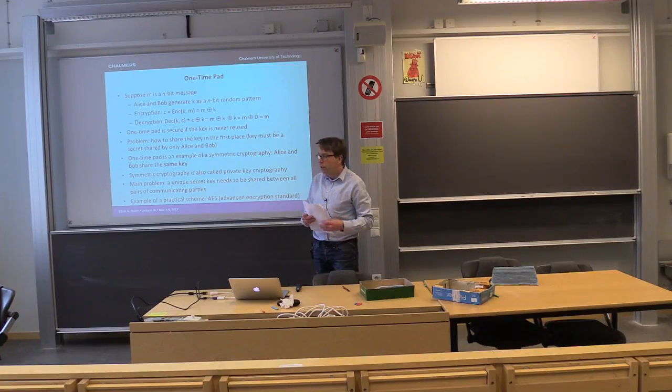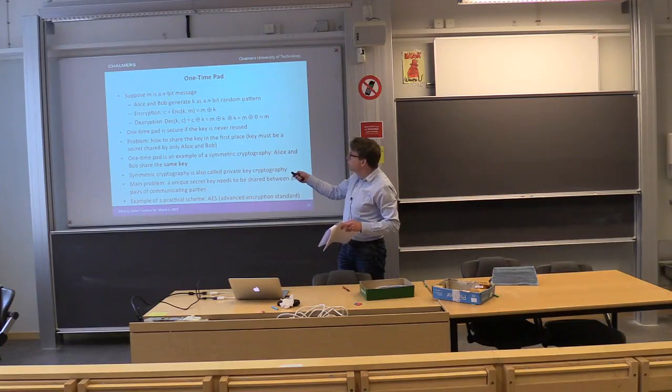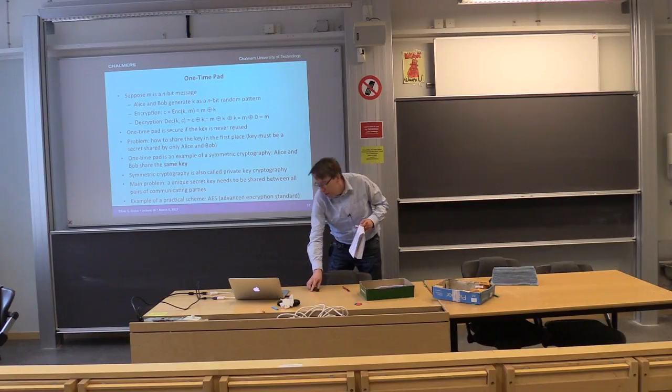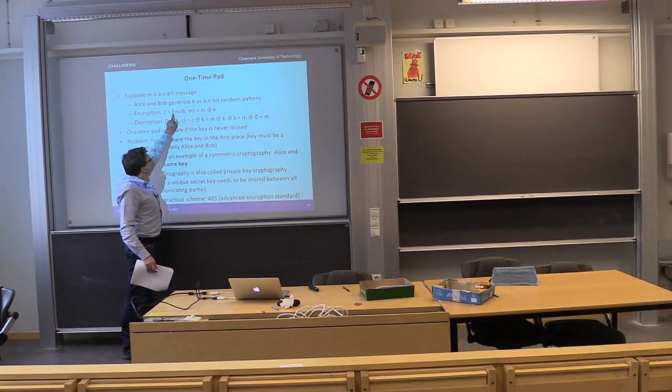The main idea is that we have a message, the plain text, and suppose it has n bits in it. Alice and Bob can generate the key as an n-bit random pattern. The encoding to find the ciphertext, remember that the ciphertext is the encryption, which uses the key and the plain text, is very simple.